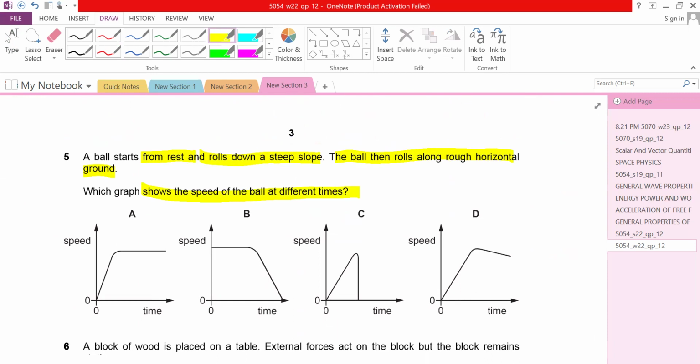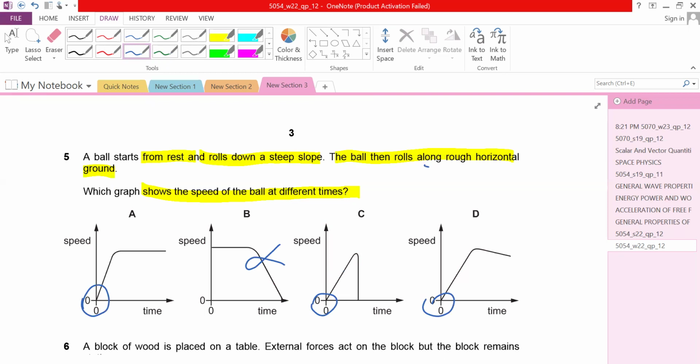So firstly, it is starting from rest, so its initial speed would start from 0. So graph B is incorrect because the initial speed isn't starting from 0. It would be either A, C, or D because they are starting from 0.